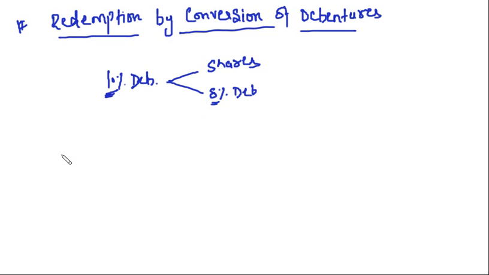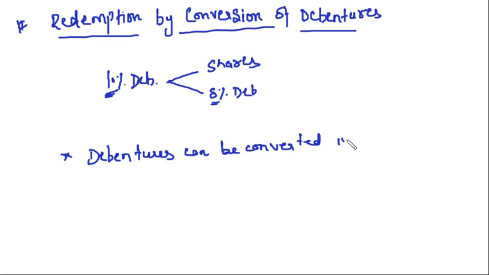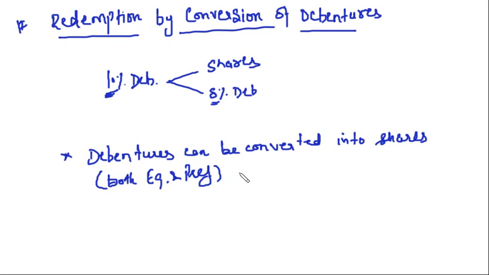Right? So you can write down: debentures can be converted into shares. Shares include both equity and preference, right?